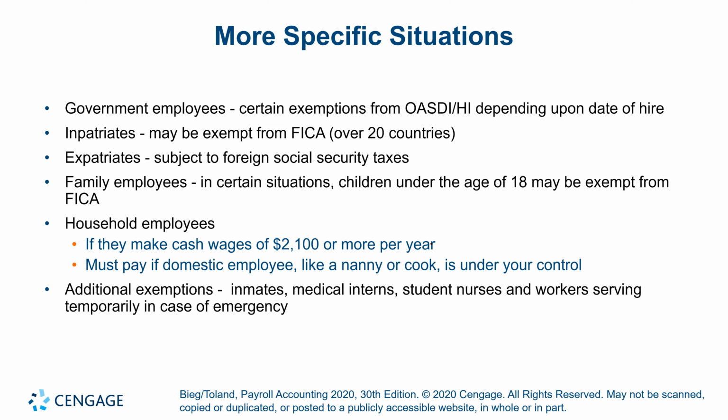And then additional exemptions, and again, it talks about this on page 4 of chapter 3: inmates, medical interns, student nurses, and workers serving temporarily in case of an emergency are exempt from FICA taxes.